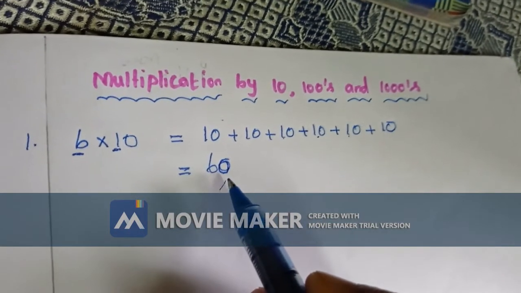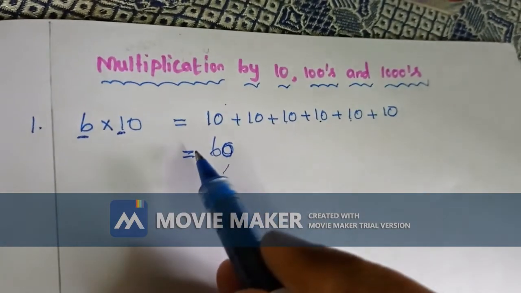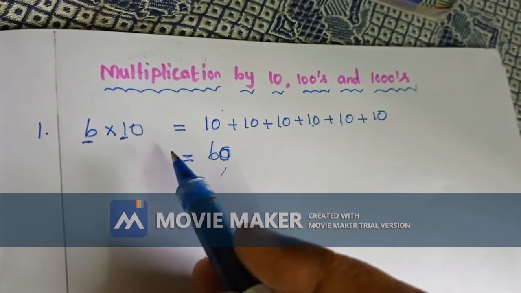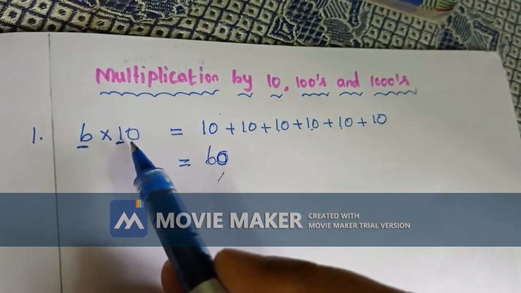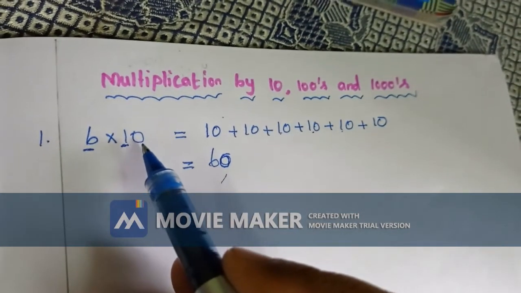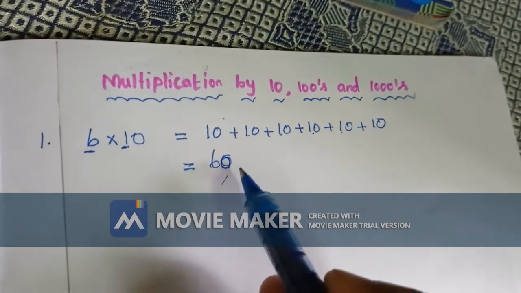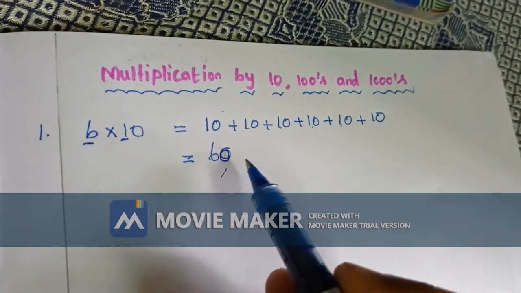So to multiply a number by 10, we first multiply it by 1. 1 times 6 is 6. Then write 0 in the ones place of the product. So to multiply a number by 10, we first multiply it by 1 and then write 0 in the ones place of the product.